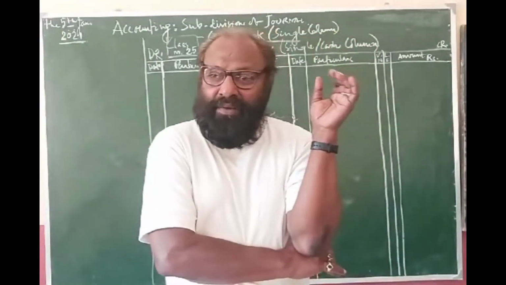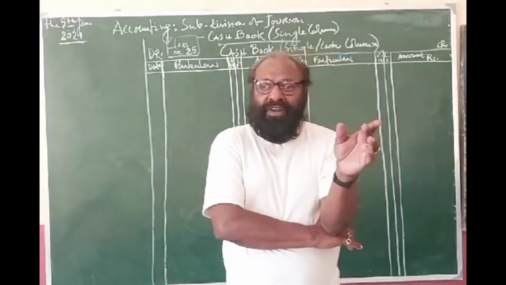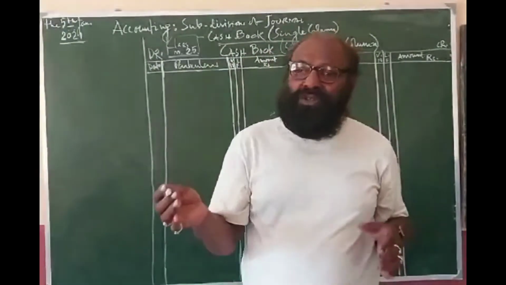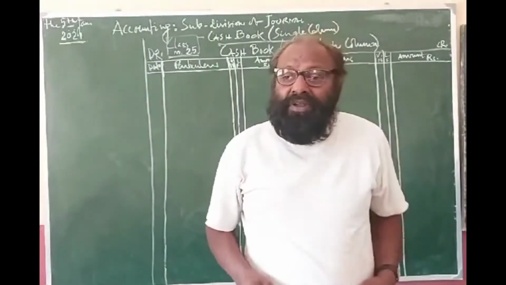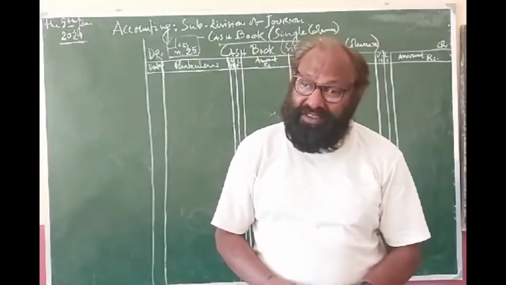I listed a good number of credit journals yesterday: the purchase day book, the sales day book, and return inward. Whenever you have sold goods, they may be returned by someone, and that return is recorded in the return inward book or sales return.